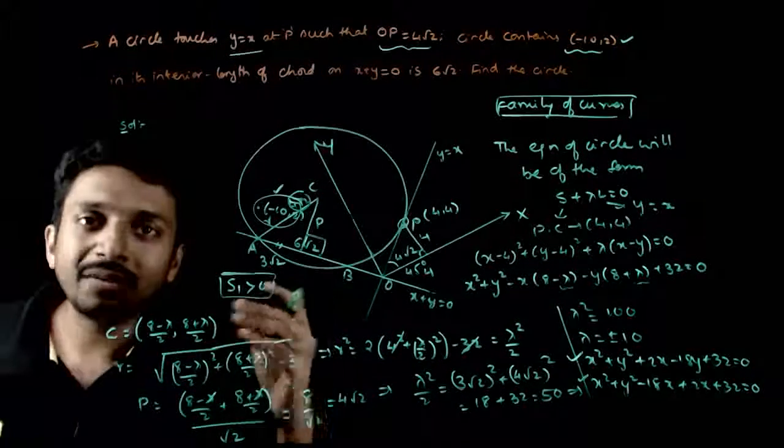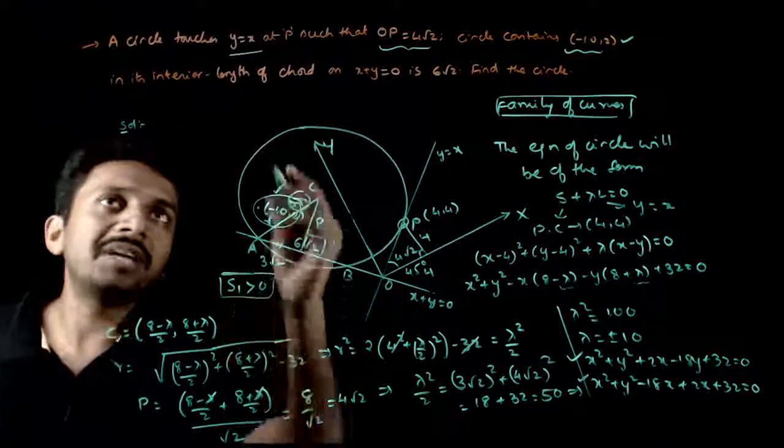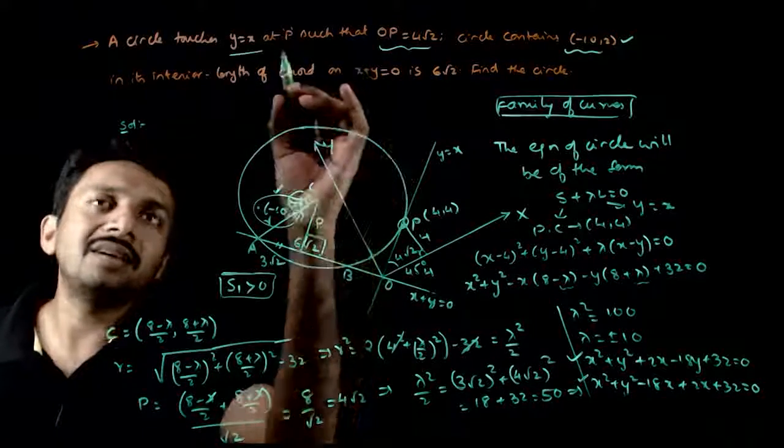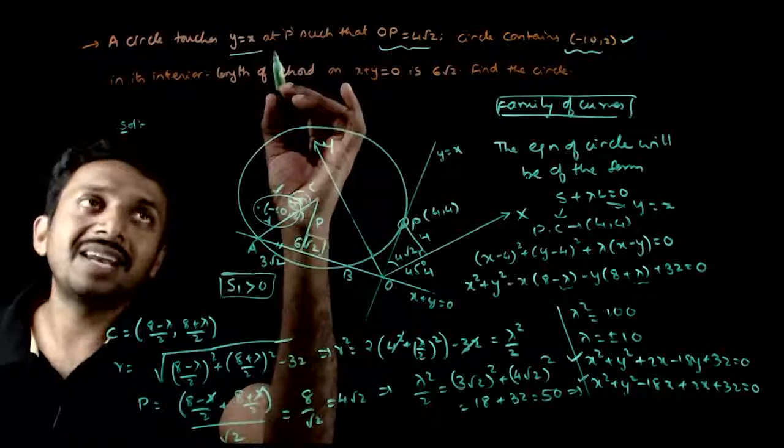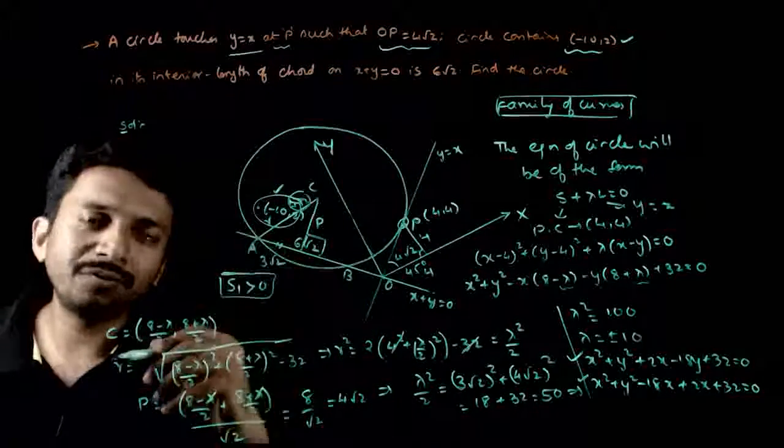So now let us go back to the given condition. So question में क्या दिया? y is equal to x is touching the circle at point P such that OP is equal to 4 root 2.